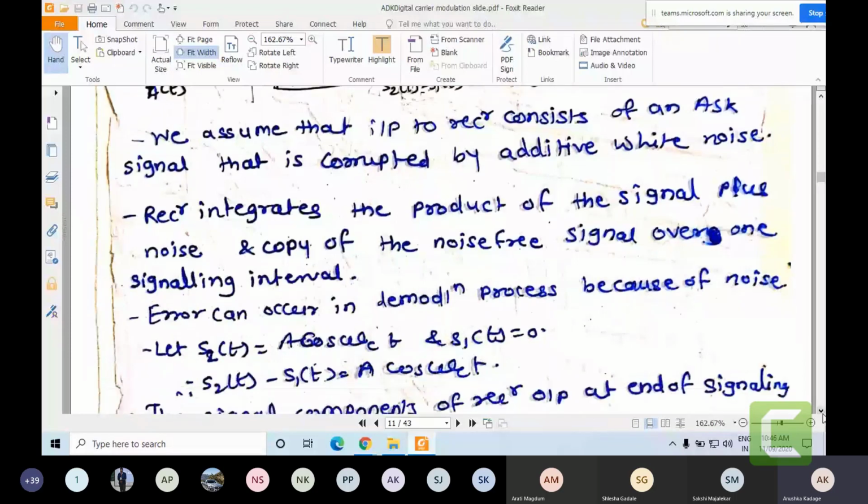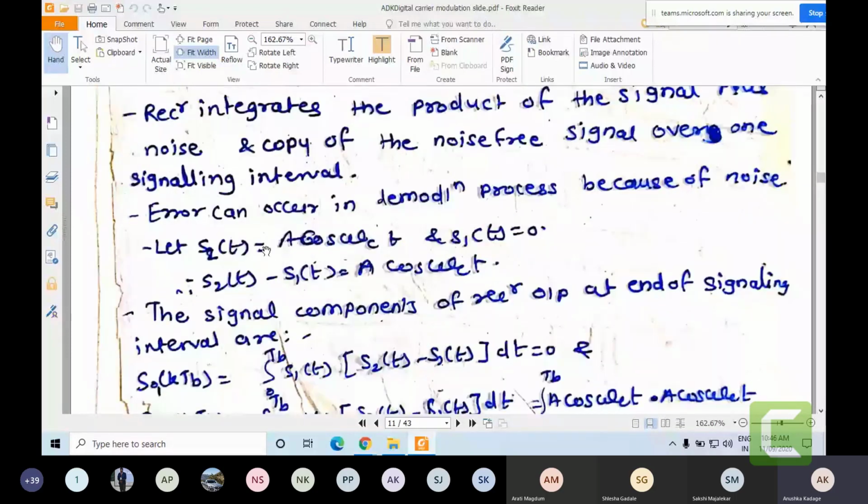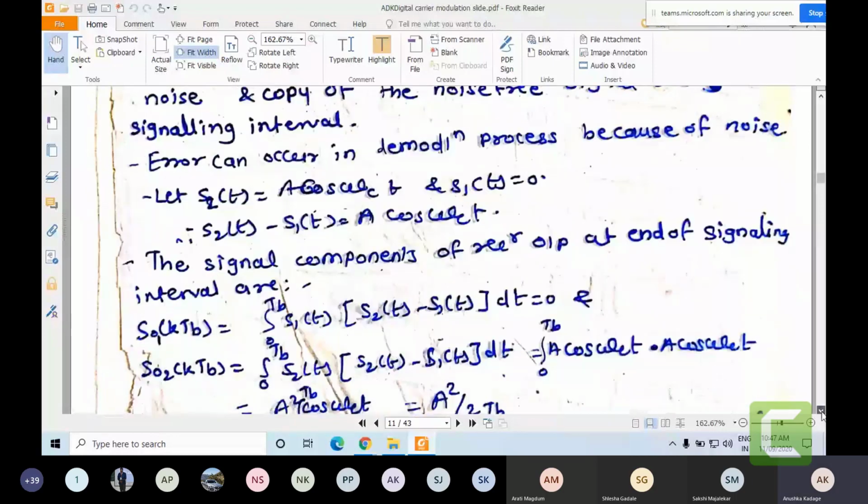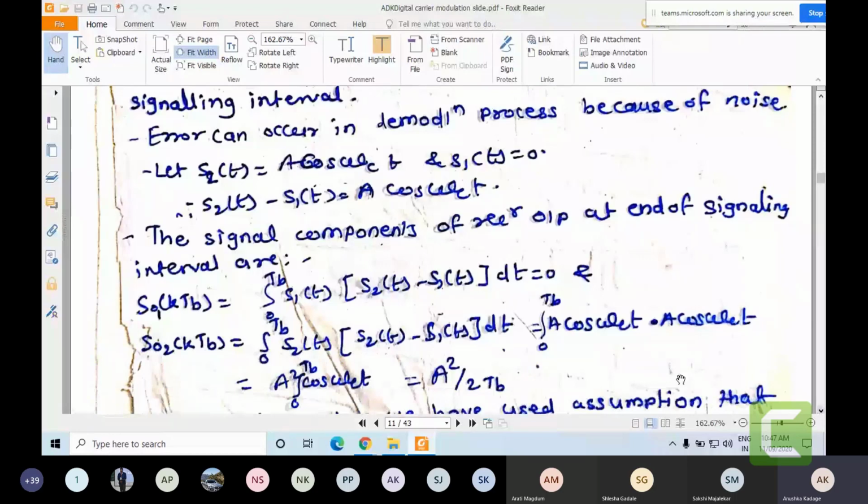Just as I told you, S2(t) here will be A cos of omega c t, and S1(t) will be 0. So this difference signal will be A cos of omega c t. The receiver output at the end of the signaling interval we are representing either with S01(kTb) or S02(kTb). So S1(t) here we have mentioned as 0.